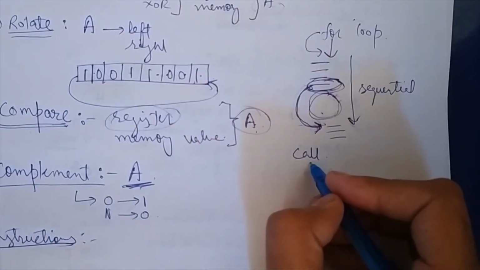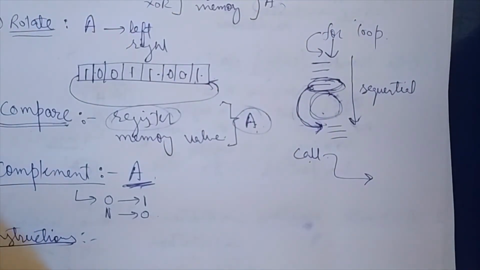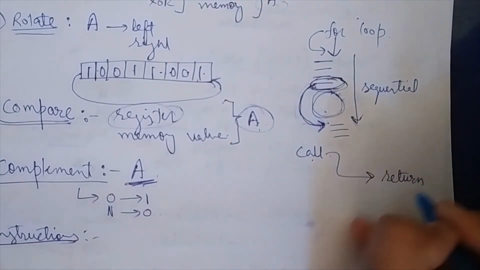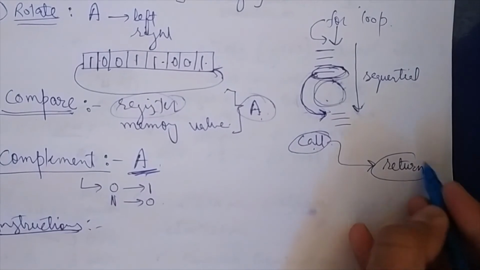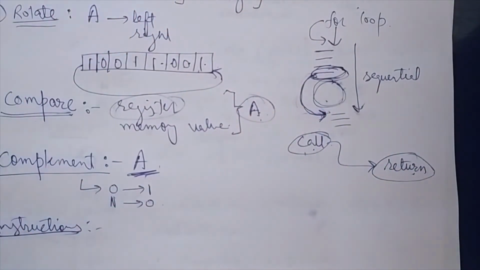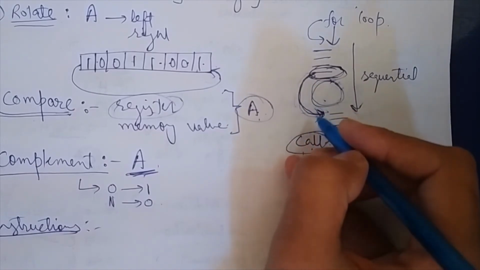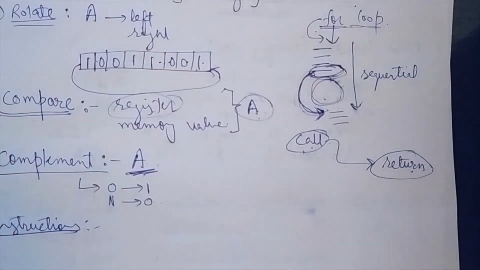Then we have to go from one location to another location to execute the function, and from that function, we have to return back to the original location. So these are also our branching instructions: call, return. And jump is another branch instruction that is used in case of for loops or for checking some condition.